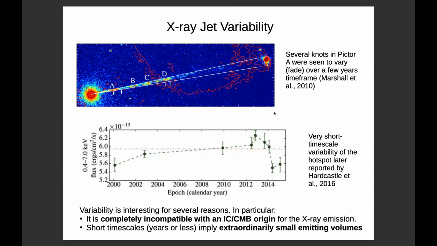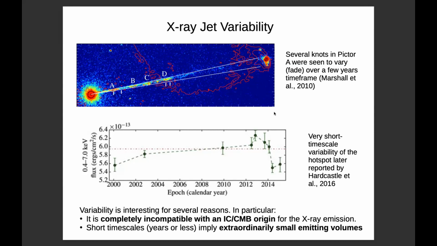X-ray variability, like detecting the jets themselves, was also not expected. The IC/CMB model for the X-ray emission was kind of the most popular explanation over the last couple of decades. So when several of the knots in PKS A were seen to vary over just a few years time frame, Herman Marshall published that paper back in 2010, that was really, really surprising.